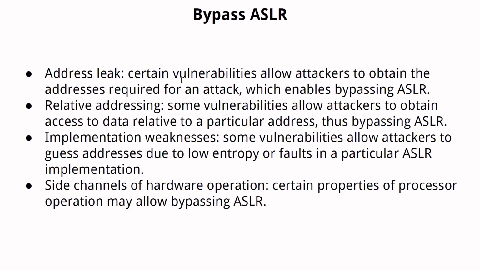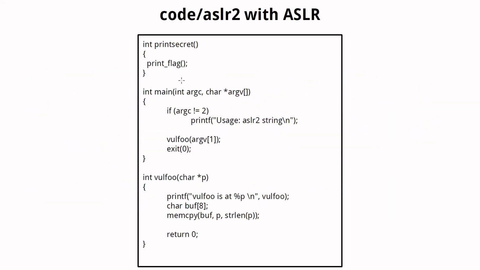If you know the relative address of two functions, no matter where you move the whole thing, their relative address does not change. Also, implementation weakness: some vulnerabilities allow attackers to guess addresses due to low entropy. Also, there could be side channel attacks to help us guess the address.